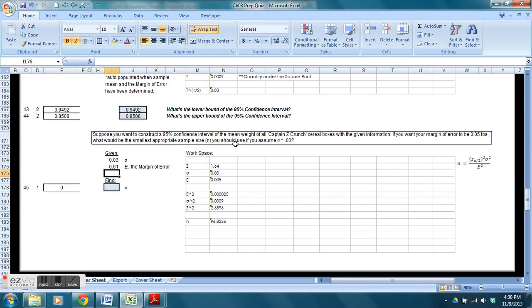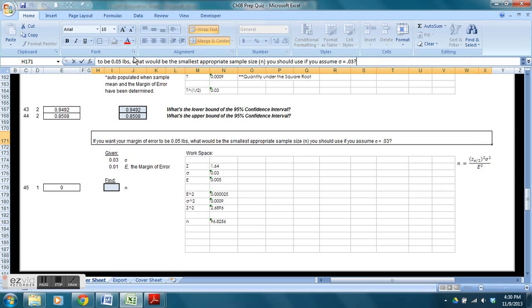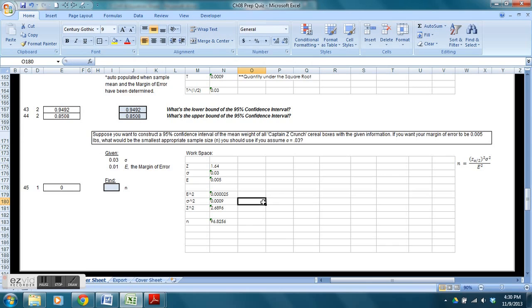Oh, beautiful. Now that's exactly what we want. All right, so the process is the same. Anyways, we get our n to be 96.8256 now.